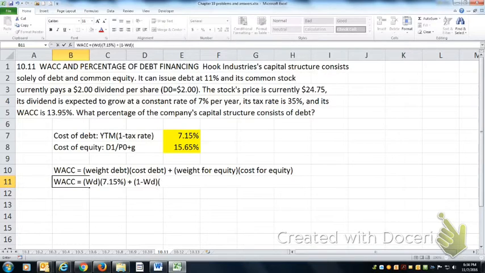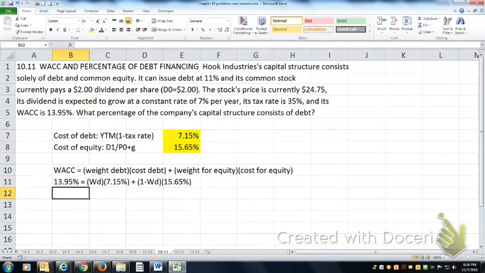Alright, and I've already calculated that, 15.65%. Okay, and I know that the weighted average cost of capital, which is given in the problem, is 13.95%. Okay, so once I've set it up here, now I have a single unknown, the weight for debt, and a single equation. So I can go through here and solve for the weight for the debt.